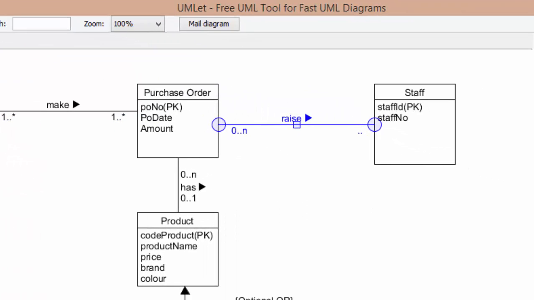One purchase order can rise by minimum one staff, maximum many staff, and one staff can rise minimum one purchase order, maximum many purchase order.